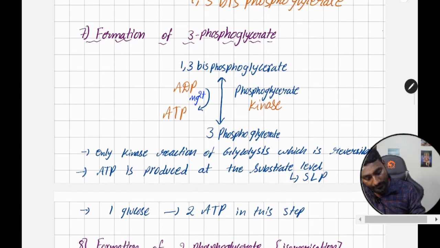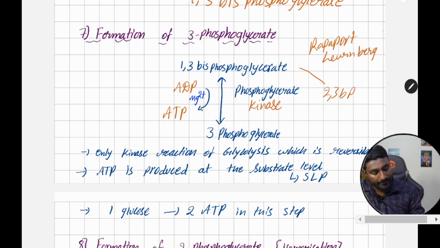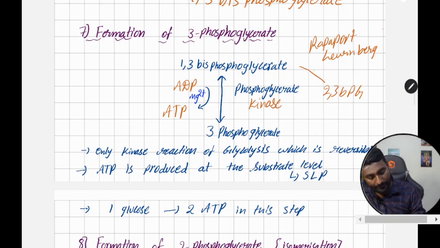Okay, just write down Rappaport-Leuenberg cycle, where this 1,3 BPG is first converted into 2,3 bisphosphoglycerate with the help of the enzyme phosphoglyceromutase.